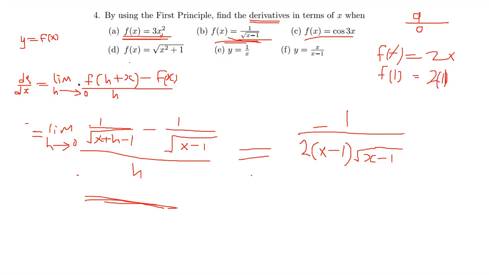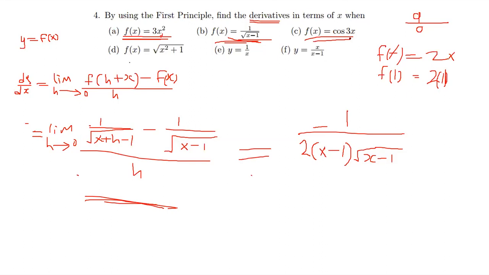This is what I was doing. When you look at this part here, it's just finding f of h plus x, meaning wherever there's x, you just put h plus x. Okay, let us do this one as well. I'm sure you will understand it better as we do more questions.